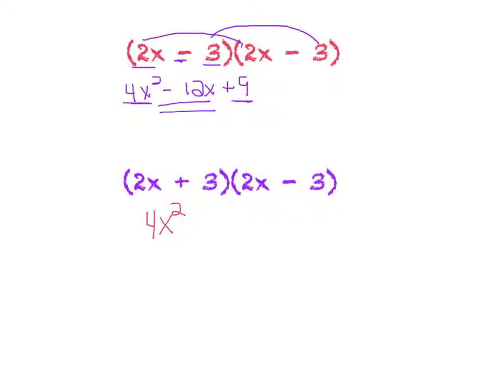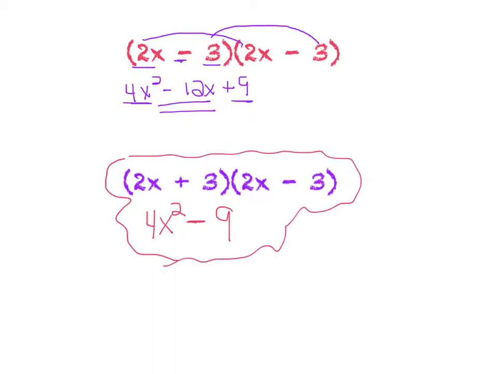I know the outer and the inner are going to disappear, so then I just have to subtract from this the square of the last term. And then that's it. So I suggest, even though you can do first, outer, inner, last, the FOIL method to simplify, I suggest you really pay attention to when you can use this shortcut for when we get into the next part of this unit.